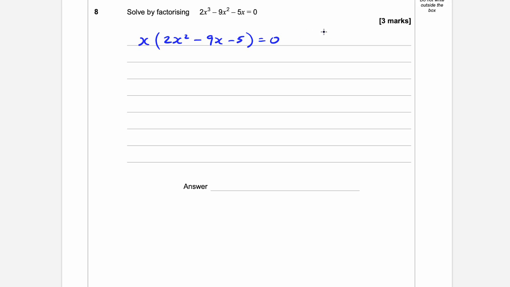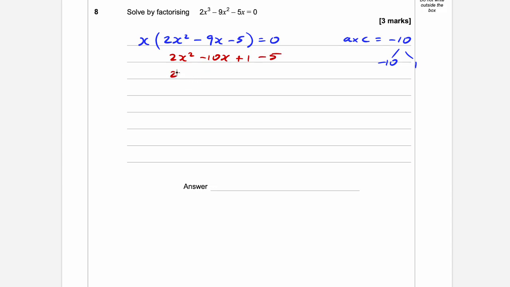Then this quadratic, let's do my a times c. a times c is negative 10. Factors of negative 10 to give me negative 9 is definitely negative 10 and 1. This thing then becomes 2x squared minus 10x plus 1x minus 5.